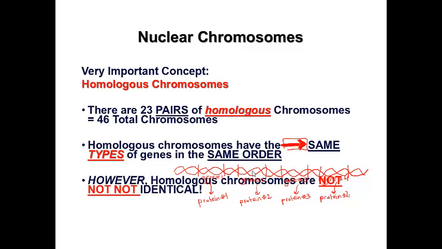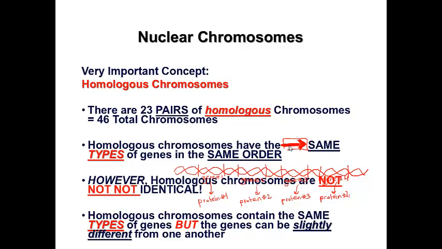And these gene number 2s from one homologous chromosome in a pair to another homologous chromosome within that pair can be slightly different from one another. And gene number 3 in one homologous chromosome in a pair can be slightly different from another homologous chromosome in a pair, etc., etc., etc. All right? Okay. Homologous chromosomes contain the same types of genes, but the genes can be slightly different from one another.